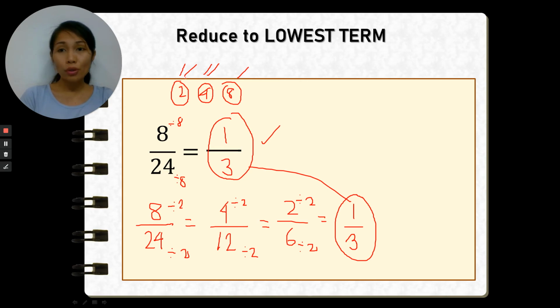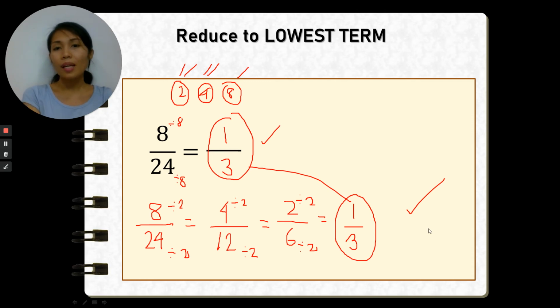Whichever way you go, as long as you use the correct concept and the correct factor in reducing the fraction, then you get the same answer. Whatever way you use, as long as you get the same answer, then your answer is correct.